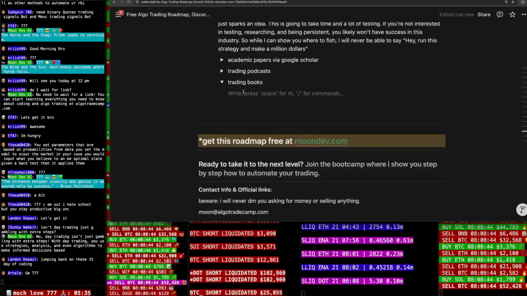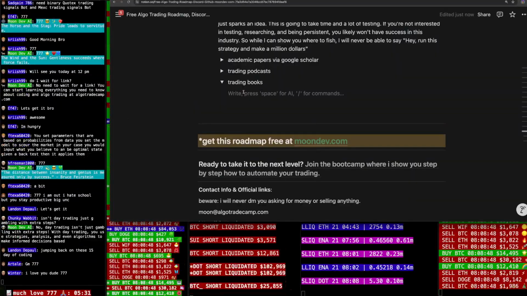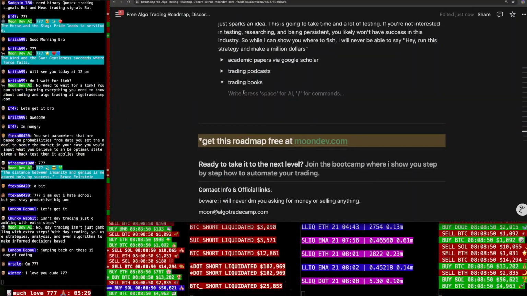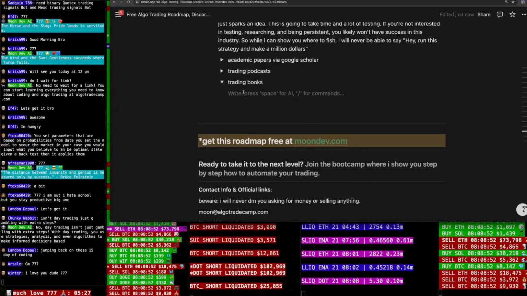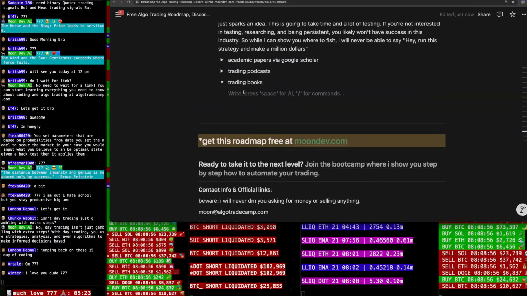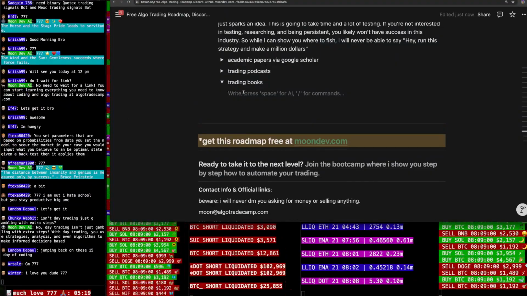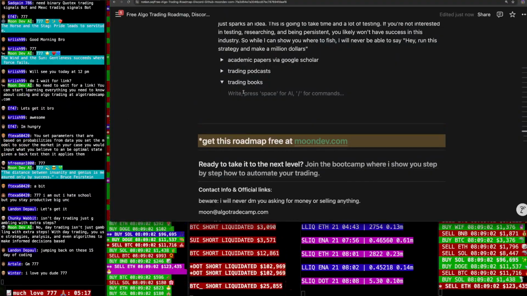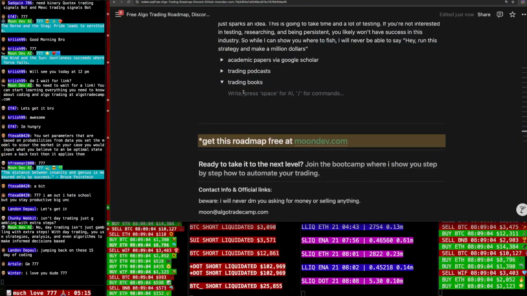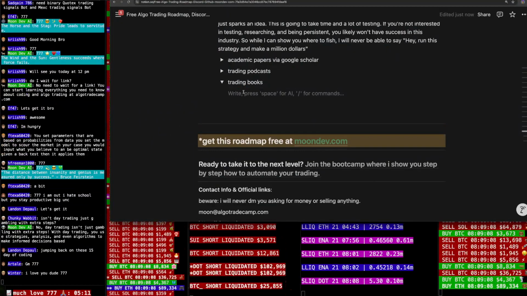Again, nobody's going to give you a profitable trading strategy off the bat, but being able to learn from 50 different traders, you'll be able to craft your own strategy that you can then go ahead and test to see if it worked in the past. Now remember, just because it worked in the past does not mean it's going to work in the future. That is because the market is ever changing.